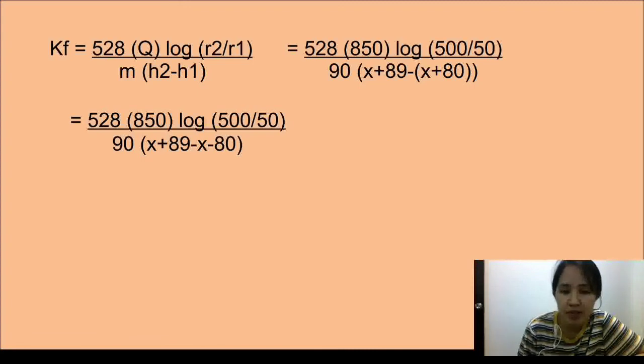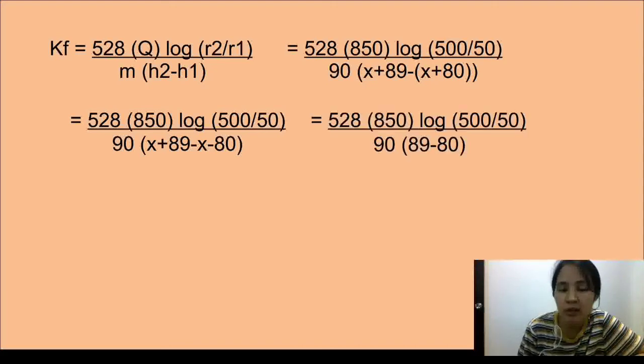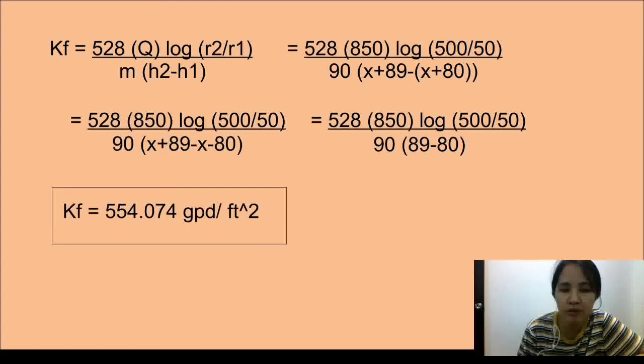Distribute the negative sign, the x cancels out, leaving us with 89 minus 80 only. Solve this, and Kf will give us a value of 554.074 gallons per day per feet squared.